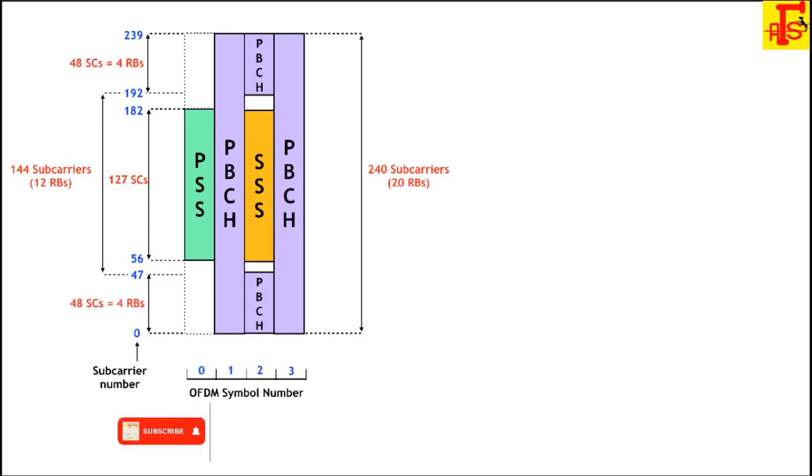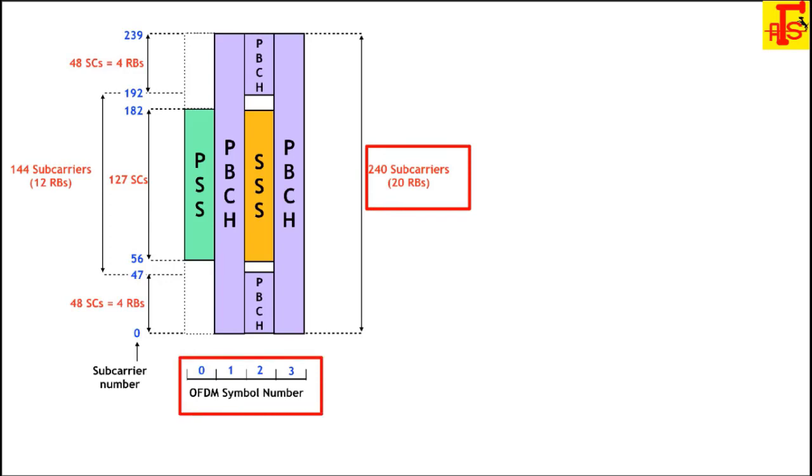So SSB blocks are also used for RSRP, RSRQ and SINR measurement. So SSB block is used in downlink transmission and occupies 20 resource blocks in the frequency domain and 4 symbols in the time domain. SSB block, you can say the PBCH block, includes PSS, SSS and PBCH.